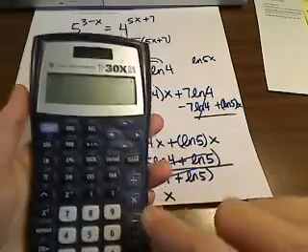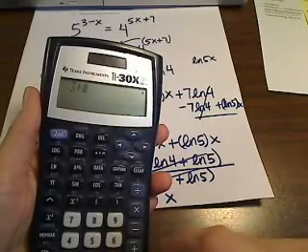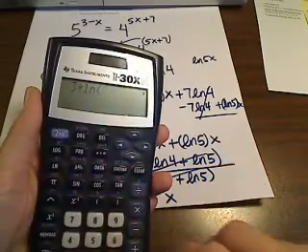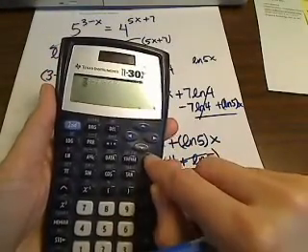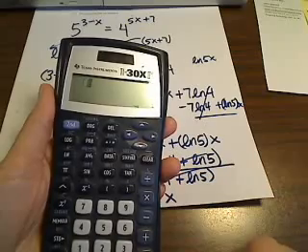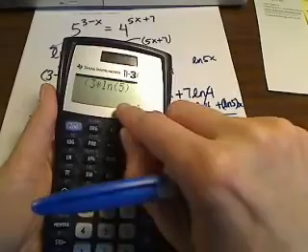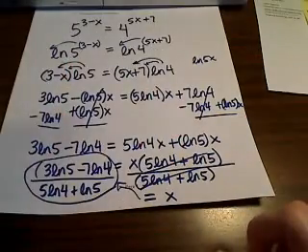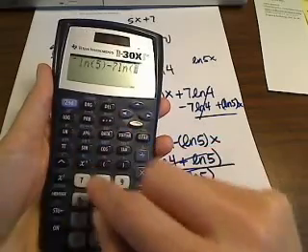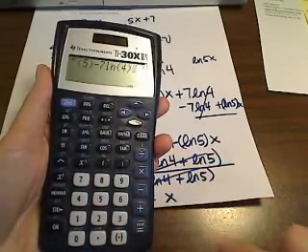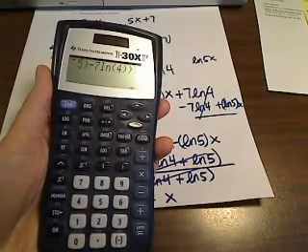So let's start with a parenthesis, and then I've got 3 times the ln of 5. Close the parenthesis for the 5, and then I've got minus 7 times ln of 4. Close that parenthesis, and then I need to close the parenthesis for the top part of the fraction.